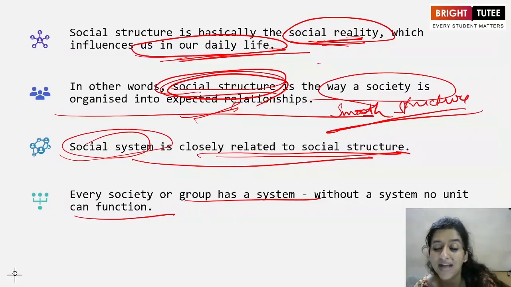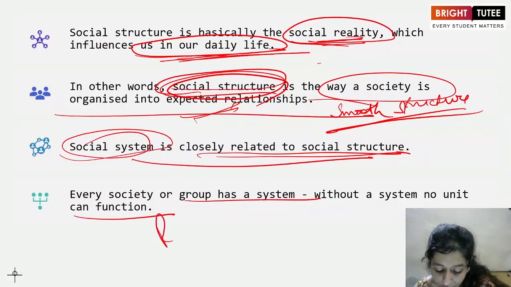Our body also has a system of functioning, even when it comes to digestion, excretion, respiration, sight, hearing, all of these aspects. This is a system that is flowing on. Without that system, no unit can function. Our body will not be able to function properly if the whole process of respiration is not taking place properly.